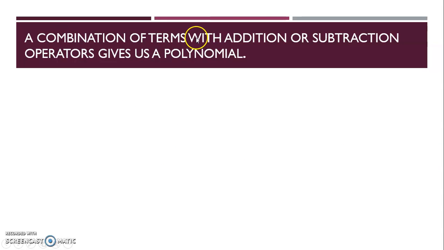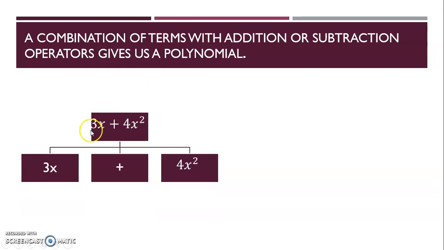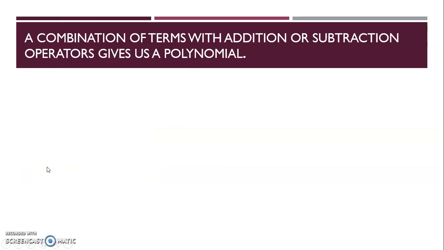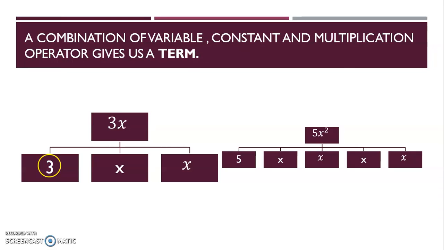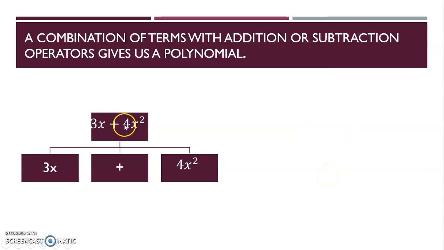So a combination of terms with addition and subtraction operators gives us a polynomial. So if you get 3x plus 4x square, in the previous slide we saw 3x is a term, 4x square is a term. So if you add 3x plus 4x square, we get a polynomial.